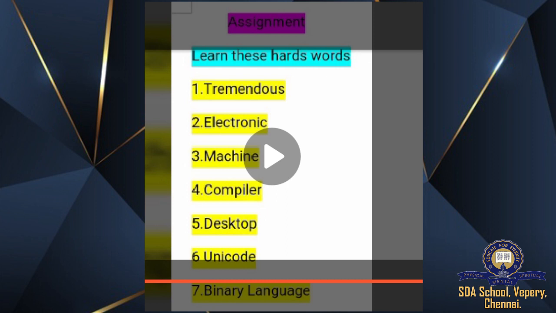Sixth one, Unicode, UNICODE, unique code. Seventh one, binary language, BINARY LANGUAGE. So children, please go through these spellings and write them each 5 times and keep on studying.